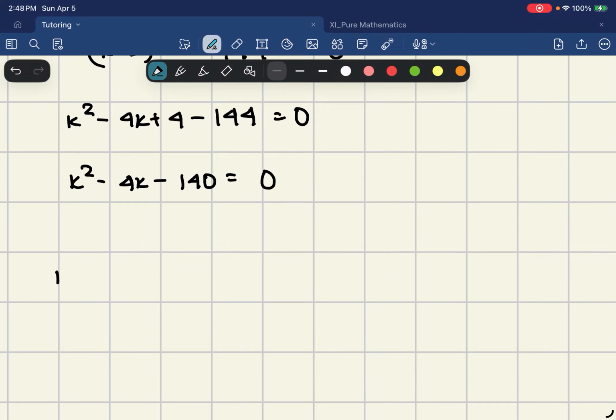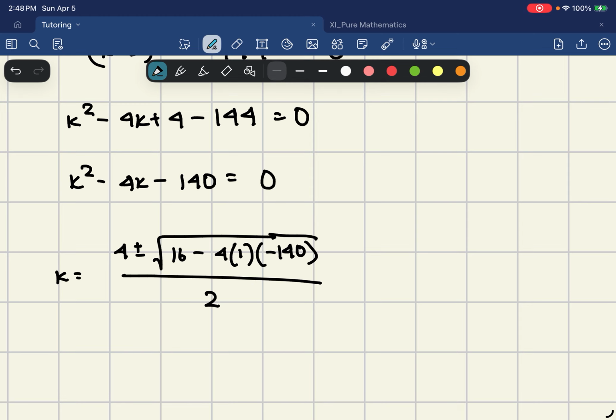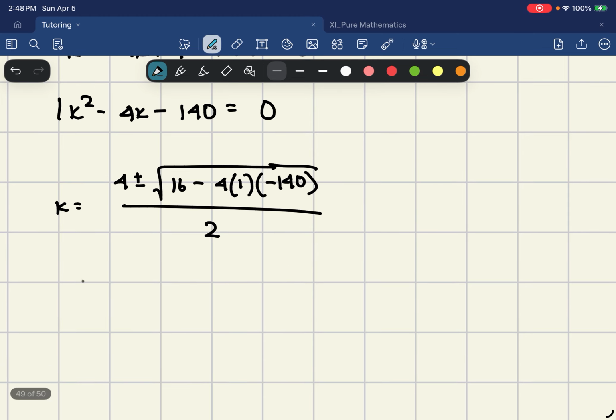And we can solve this equation. k is just going to be, if I use the quadratic formula, 4 plus or minus the square root of 16 minus 4 times 1 times negative 140, over 2 times a, and a is just 1, right? So I'm solving this quadratic equation in terms of k. So I have 16 minus 4 times a times negative 140. So 576, right?